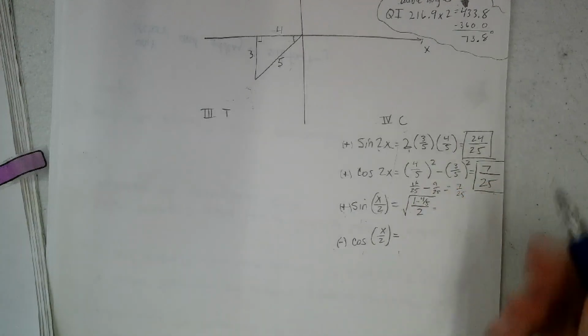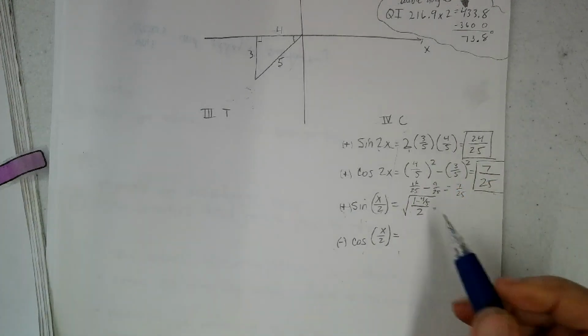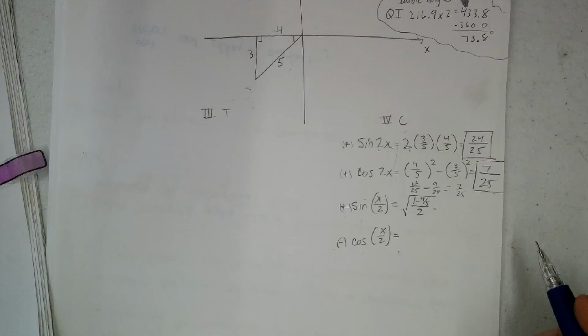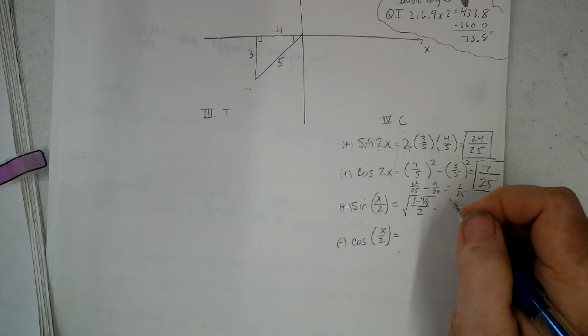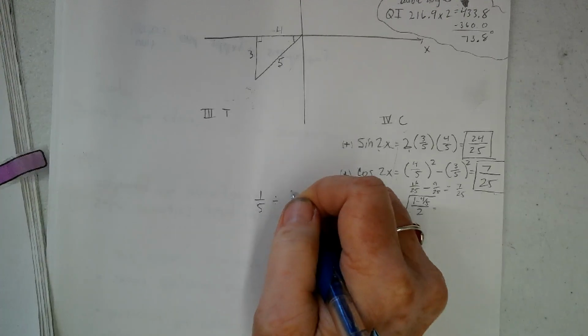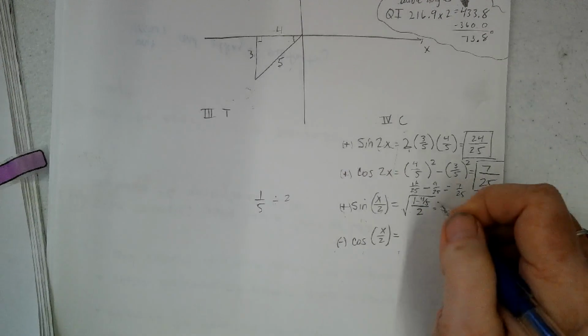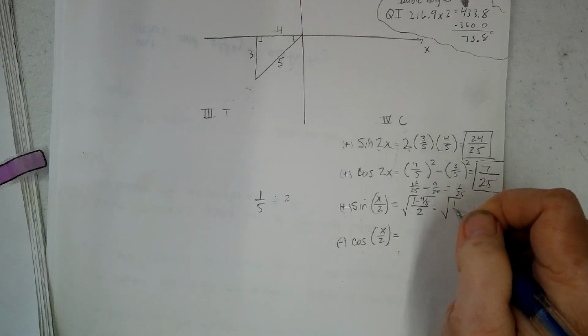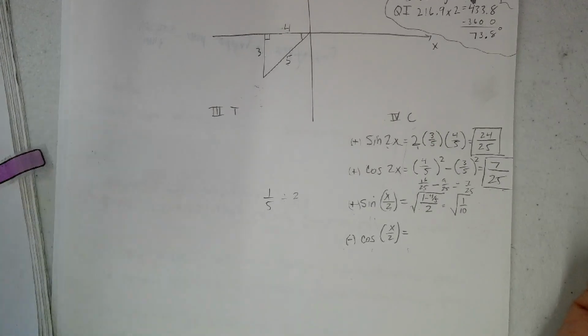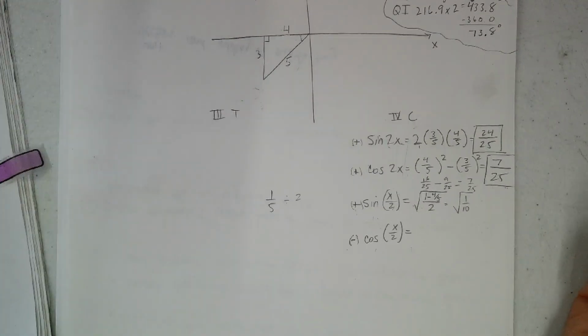So that's 5/5 minus 4/5 on this top part, so that would be 1/5 divided by 2, which is 1/10. Okay, so I got the square root of 1/10. And then if I want to, I can do a bunch of rationalizing on that.